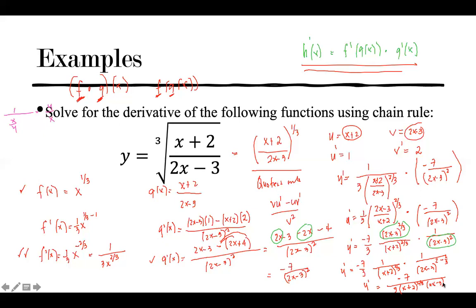I believe that is equal to 4/3. All right, so this is our final answer: y prime is equal to -7 all over 3 times (x plus 2) to the power of 2/3 times (2x minus 3) to the power of 4/3, because 2 minus 2/3 is equal to 4/3.